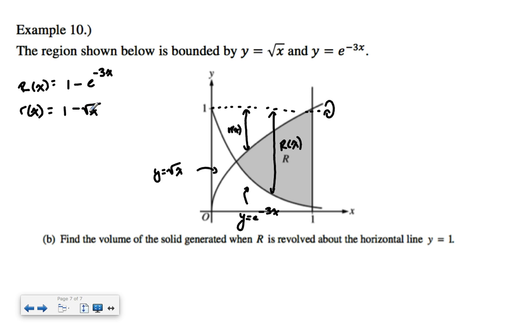Okay? And since we're dealing with vertical rectangles, I'm going to be integrating from this point here until 1. And we've calculated this point out before a couple times, but just as a refresher, I would set those two curves equal to each other in the calculator, and I would get that this point is actually x equals 0.2387.